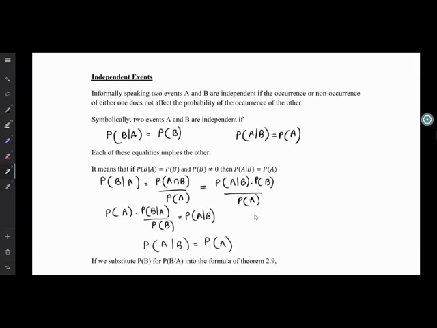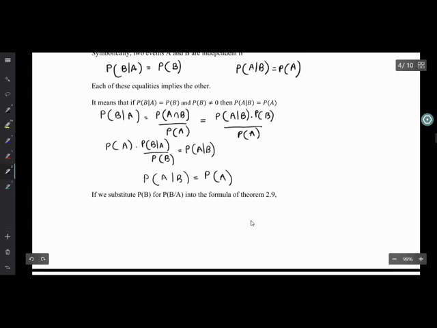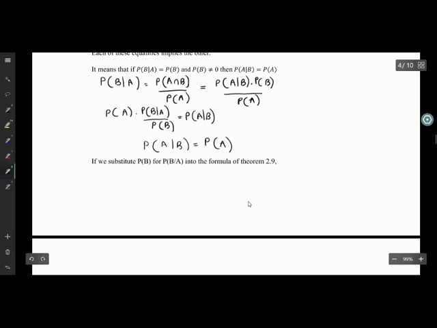We can replace P(B given A) by P(B), and that P(B) and the P(B) at the denominator cancel out. So you end up with P(A) equals P(A given B), right? So that is by substituting P(B) for P(B given A) in theorem 2.9.